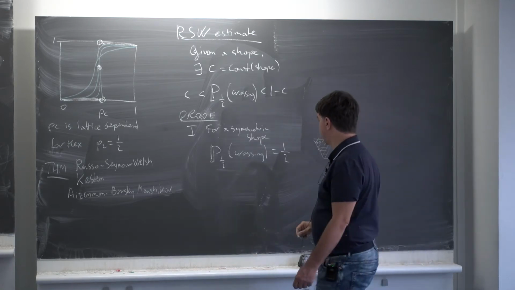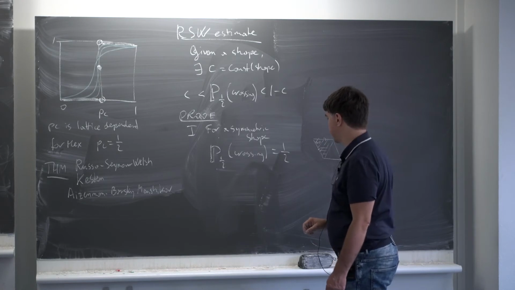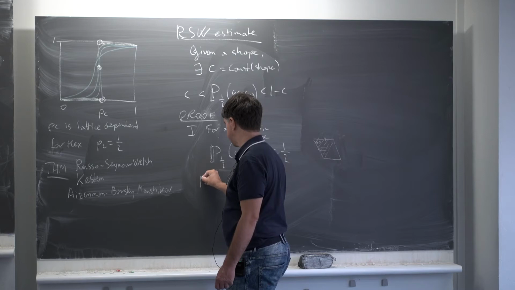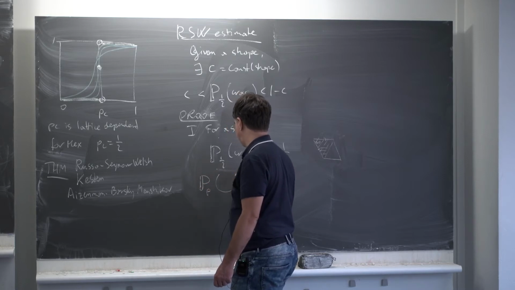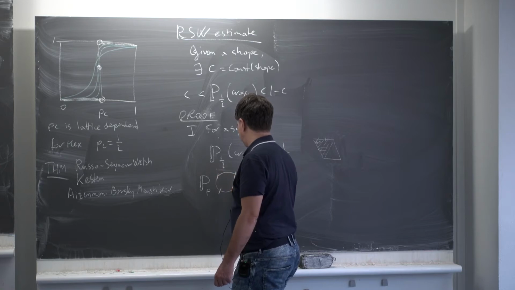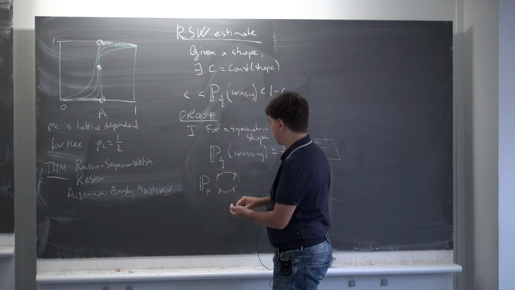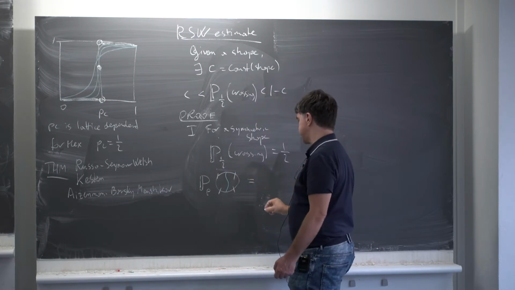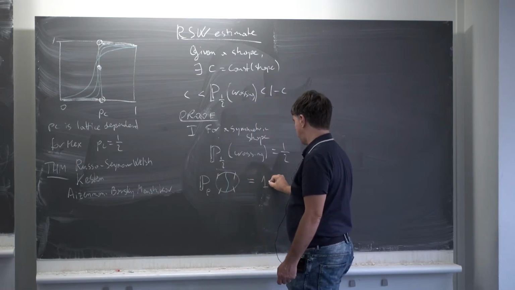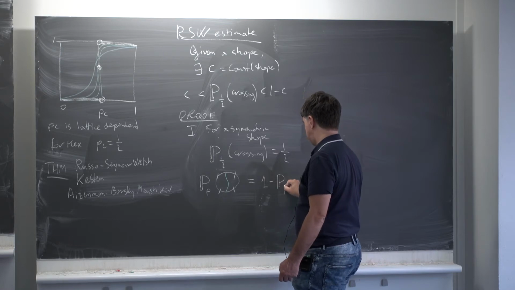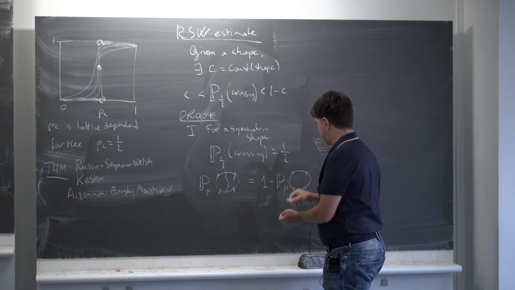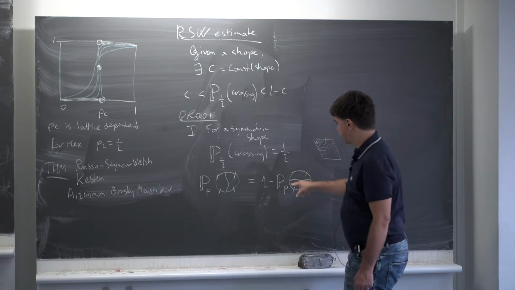So why is this true? Let's first look at what is the probability at P to have a vertical crossing in blue. This is exactly 1 minus the probability at P to have a yellow obstruction.